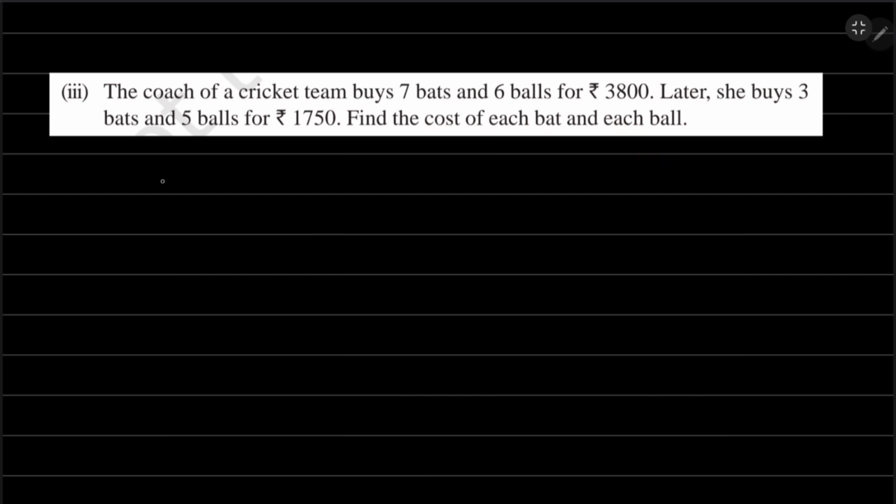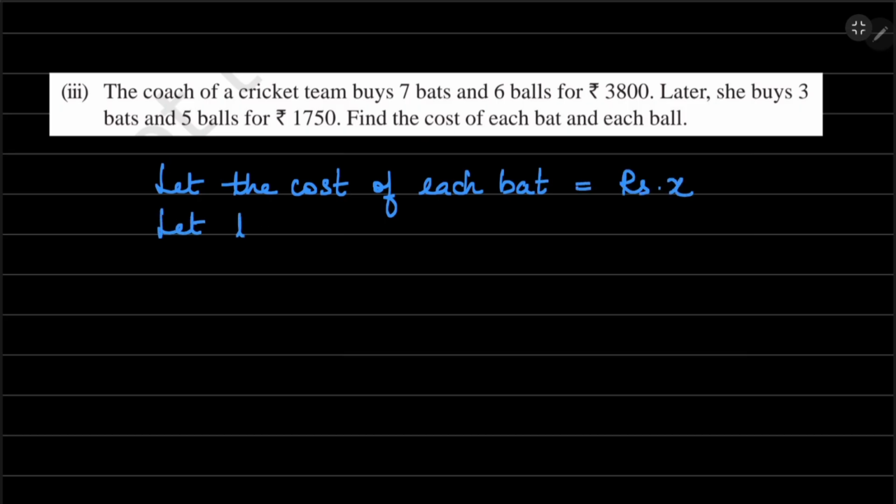So let's write, let the cost of each bat be rupees x, and let the cost of each ball be rupees y, because that's what you are asked to find.